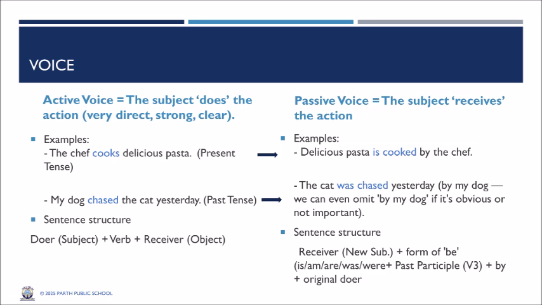Here we can omit "by my dog." Why? Because the situation is quite obvious. So whenever you find something is quite obvious, we can skip "by" and the object. We can skip it. So the simple structure is this way.